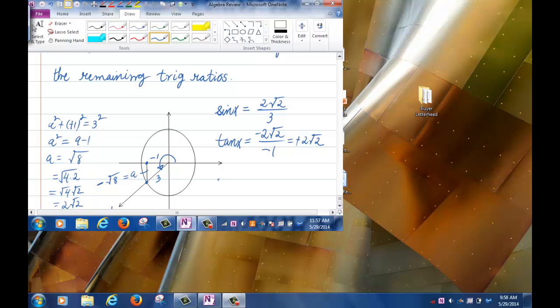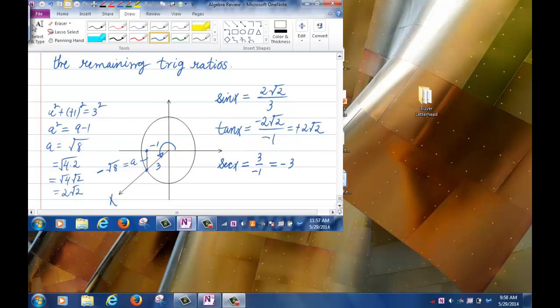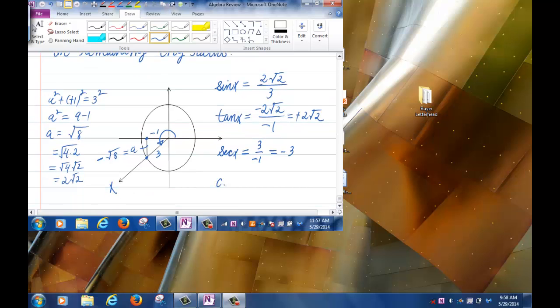Okay, how about secant x? Secant x is hypotenuse over the adjacent, right? So this would be negative. This would be 3 divided by negative 1, which would be negative 3. And the last one is cosecant x.